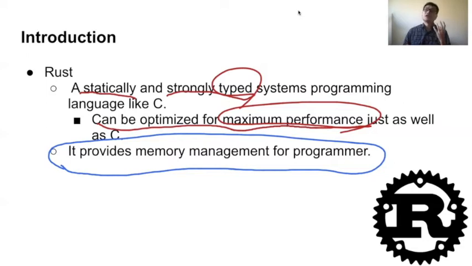You need to allocate memory, you need to free it, you need to take care of all this memory management yourself, right? And if you fail to do this, you might get a segmentation fault, or you might allocate too much memory and run out of your memory space. So in Rust, it provides some memory management for the programmer.